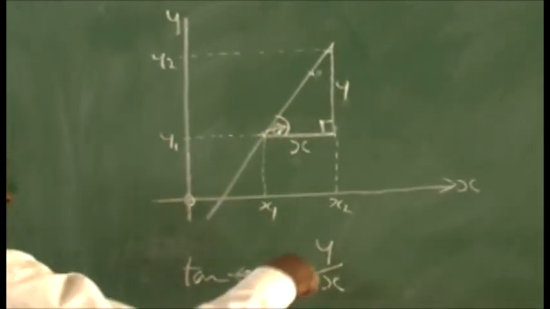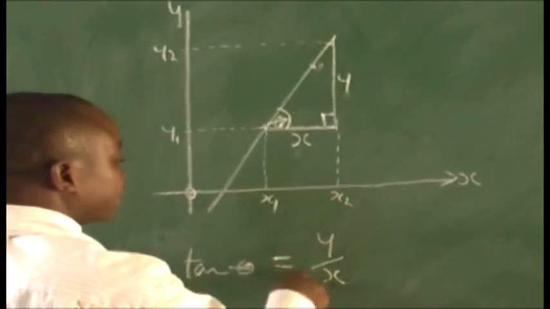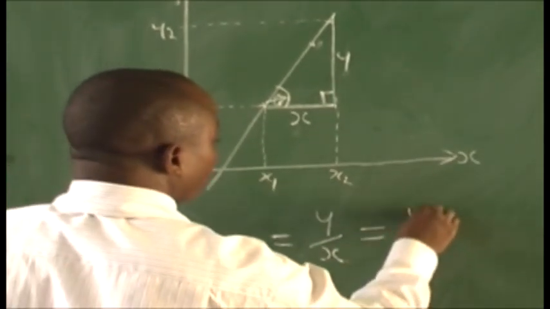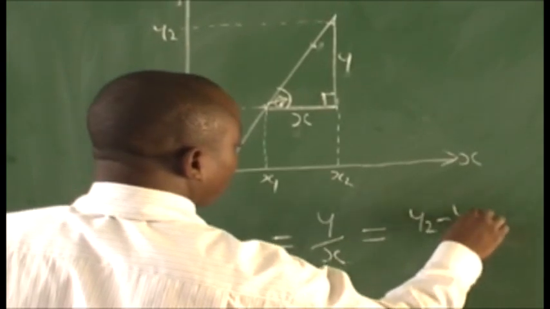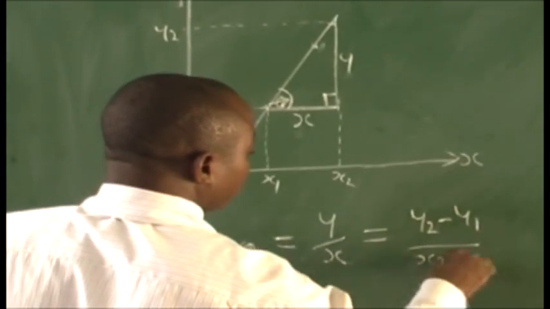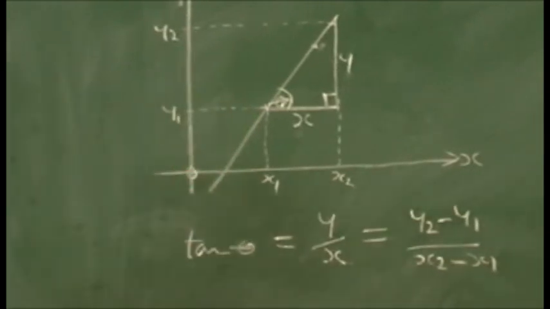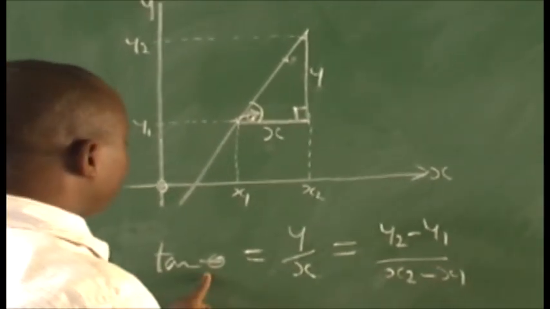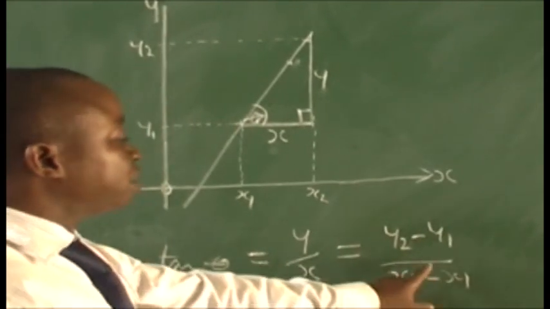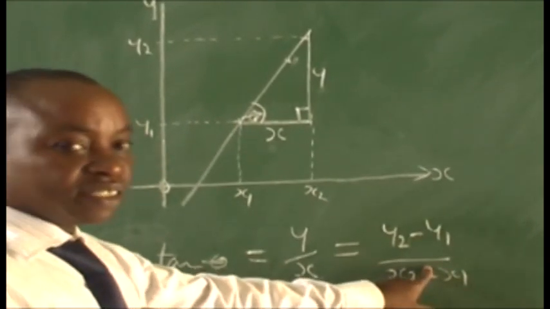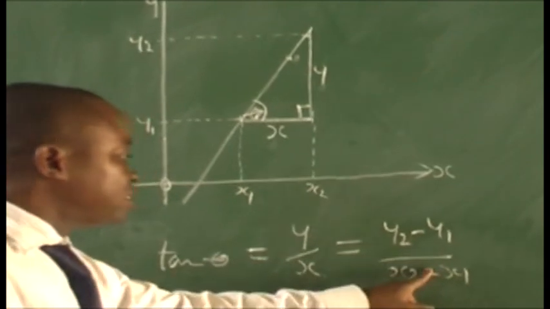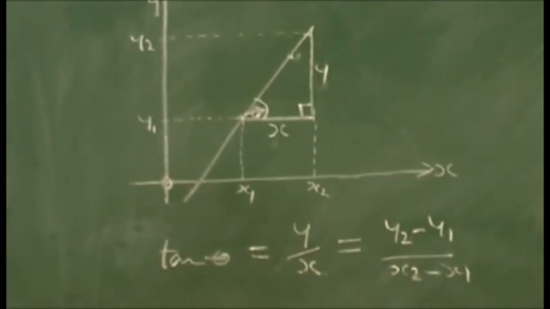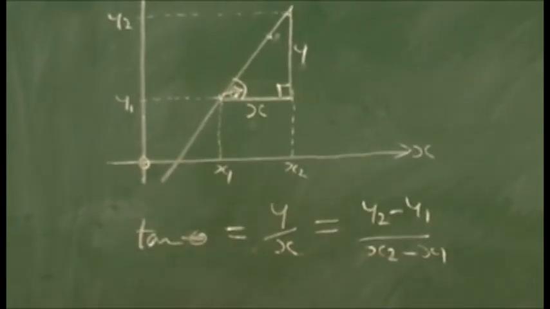And we also see at the same time that tan theta, which is equal to y over x, will also be equal to y2 minus y1 all over x2 minus x1. So what it means is that tan theta is the same thing as the gradient. So if we get the gradient, we can also get tan theta, the angle theta, from the gradient.